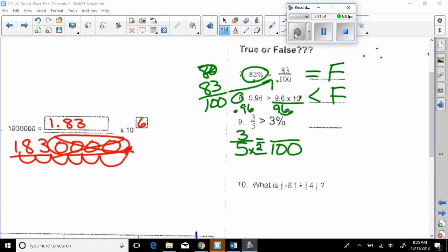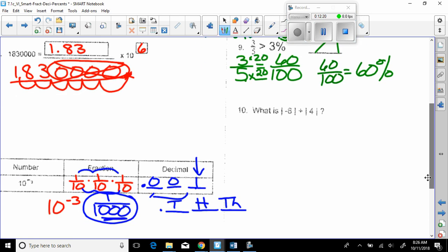We know that it's 20, and since we multiply 20 to the denominator, we also have to multiply 20 to the numerator, and we get 60. So 60 100ths equals 60%. 60% is greater than 3%, therefore it is a true statement.